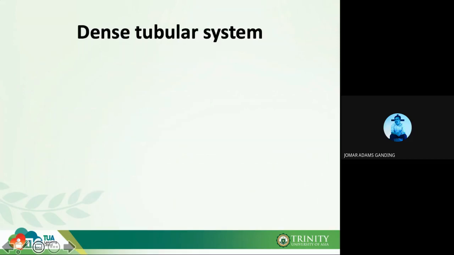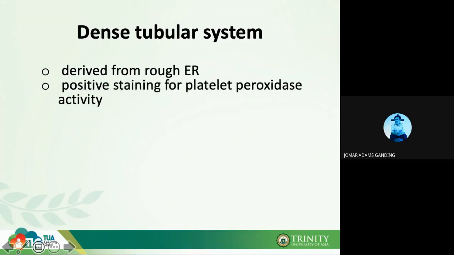So we also have here your dense tubular system. Your dense tubular system is derived from your rough endoplasmic reticulum. So they have a positive staining for platelet peroxidase activity, meaning to say they contain peroxidase.